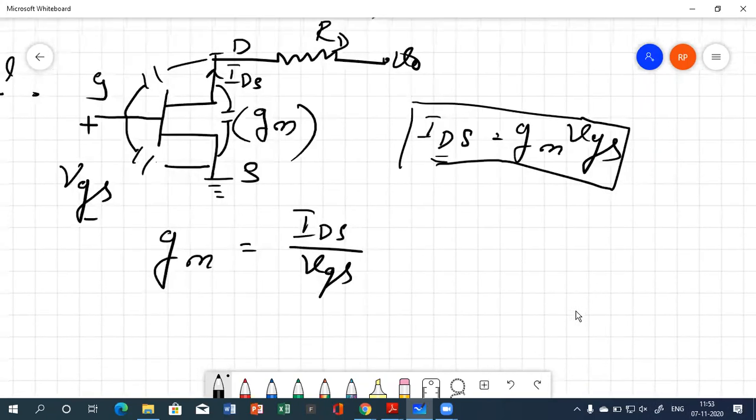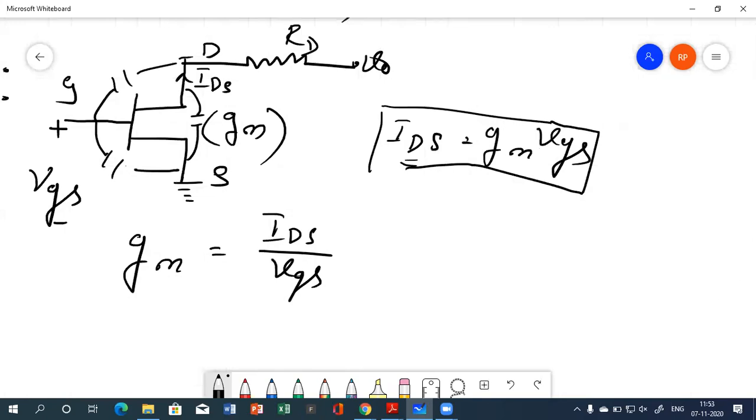Now here I will show you the small signal equivalent circuit. So what will I do? First, I will write the three terminals. This is gate, this is drain, and this is source terminal.